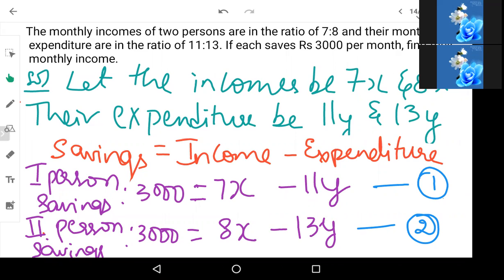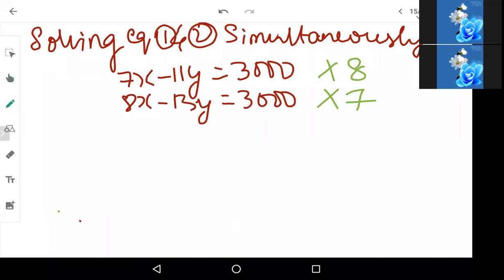Now suppose the income is 1400 is to... or let's take something like this instead. Easy, very easy one. 700 is to 800.